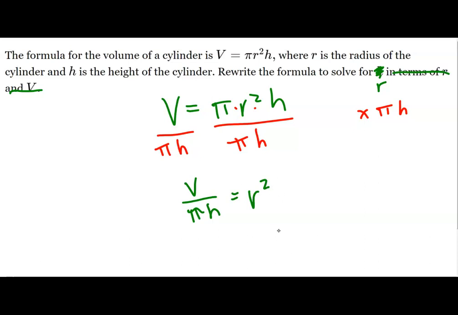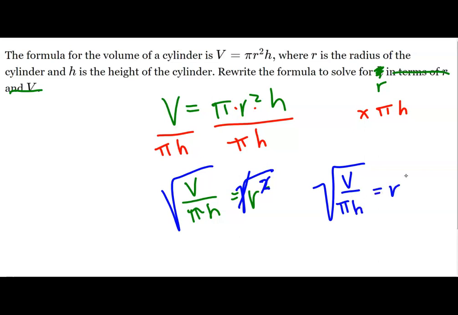So you remove an exponent of squaring by square rooting, and you would square root both sides of your equation, leaving you with the square root of the fraction v divided by pi h is equal to r. So that's not what this question was asking, but if I rewrote it, those are the two ways they could ask you to isolate this formula.